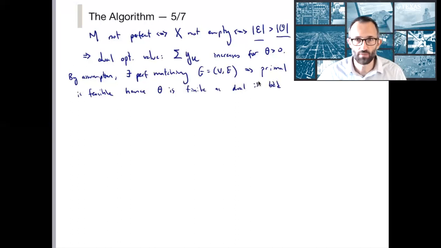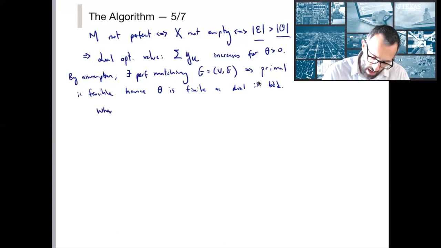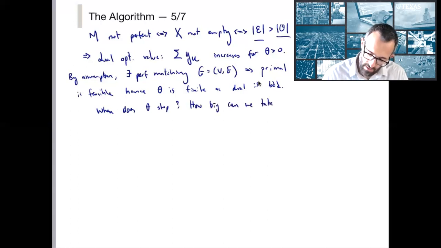Note, I'm using all of these facts. I'm using the fact that when theta is positive, I'm increasing the value of the dual. So the question for us now is, when does theta stop growing? In other words, how big can we take theta?